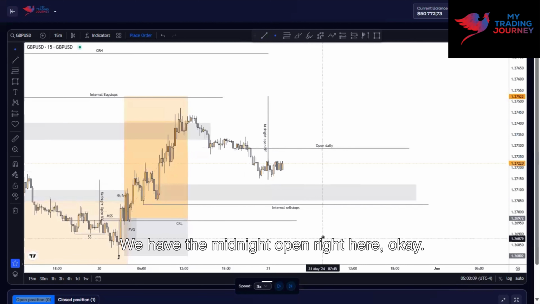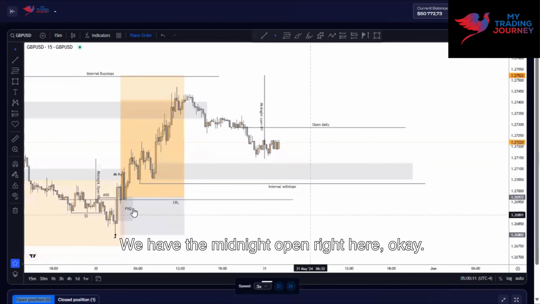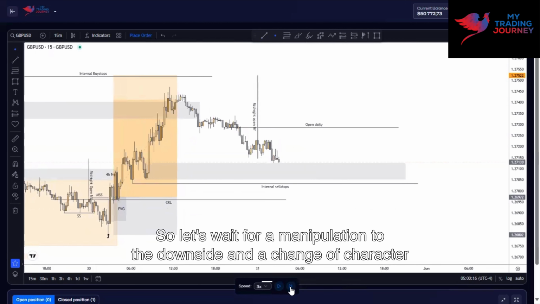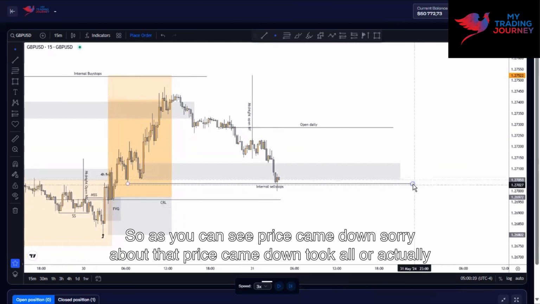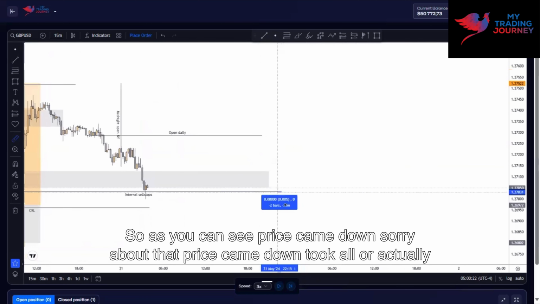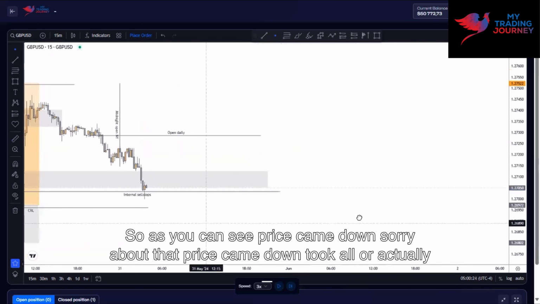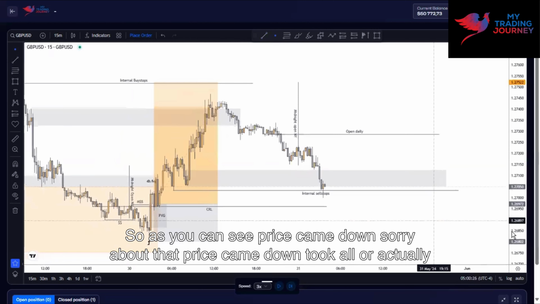Right, so let's wait for a manipulation to the downside and a change of character. So as you can see, price came down. Oh, sorry about that.